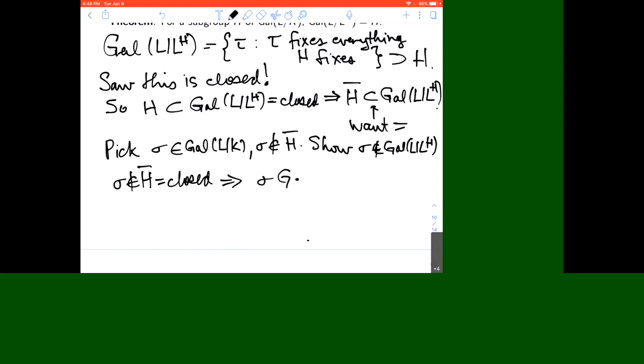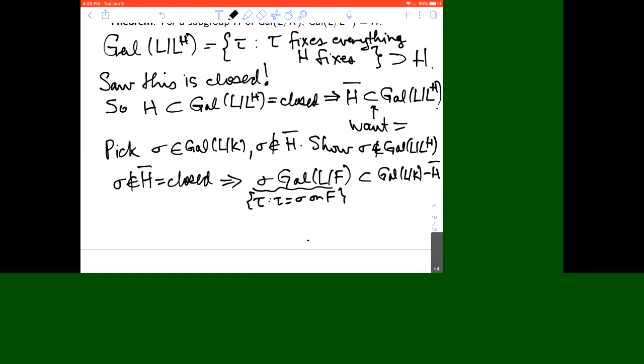And so we know since H bar is closed, that means the complement is open, and so there has to be a basic open that's disjoint from H bar. And so this is all the things that look like sigma on F. And that's disjoint from H bar.